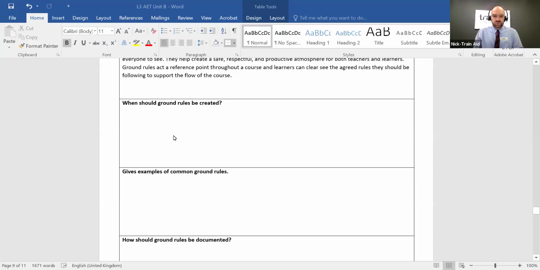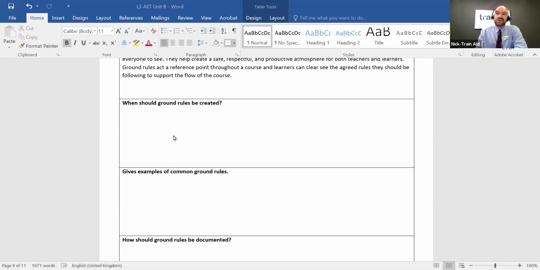I have very much answered this question. When should ground rules be created? We need to write down when ground rules should be created. Of course, it happens at the beginning of a course. It's an opportunity for all learners to have their say on how the course should be delivered, and it's setting out the foundations for a good course.